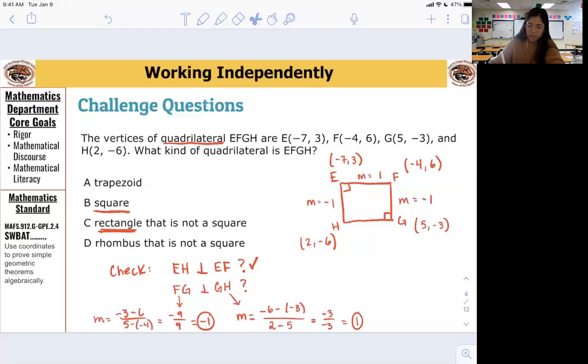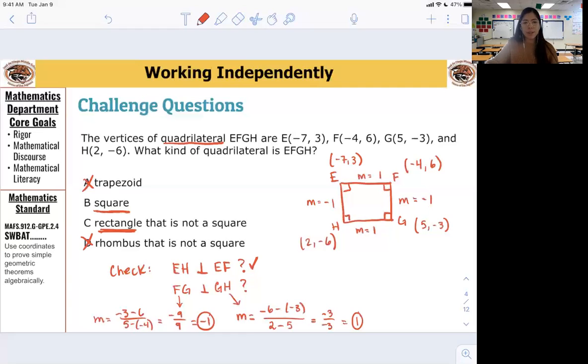So it looks like we've got two pairs of parallels, as well as all the angles being 90 degrees. So what can I get rid of? A and D. Very nice.